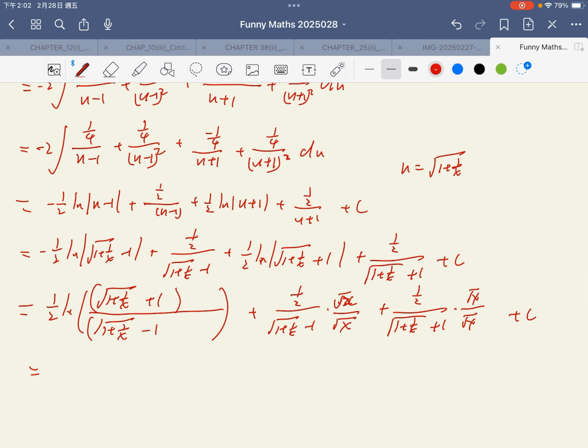This one I also multiply both sides by the square root of x.